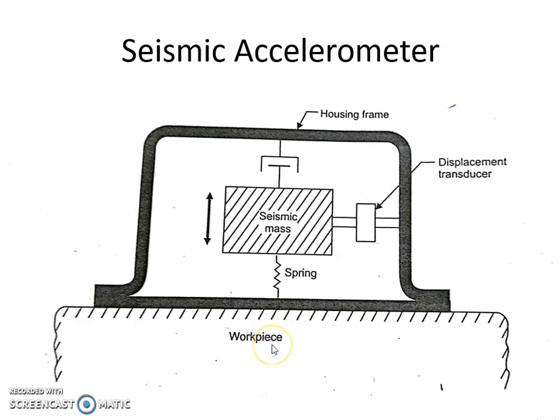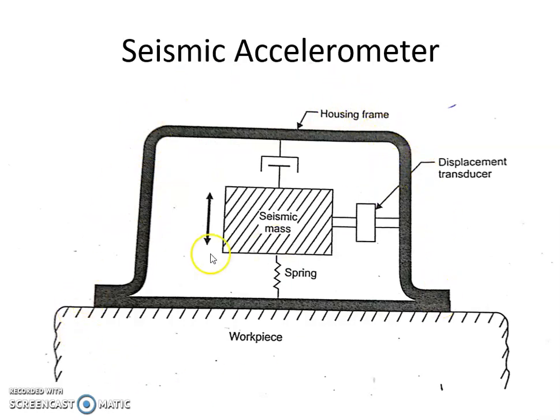So that means in this type of accelerometer, the applied acceleration is measured in terms of displacement of a mass. In this case, as we can see in the diagram, there is a mass which is connected through a spring and damper arrangement to the housing frame.